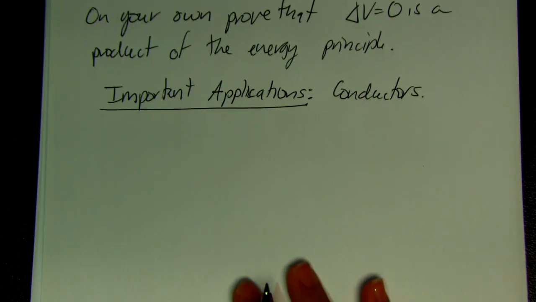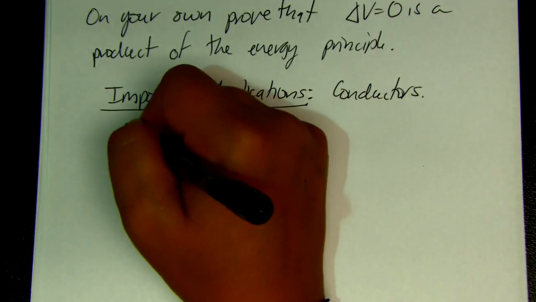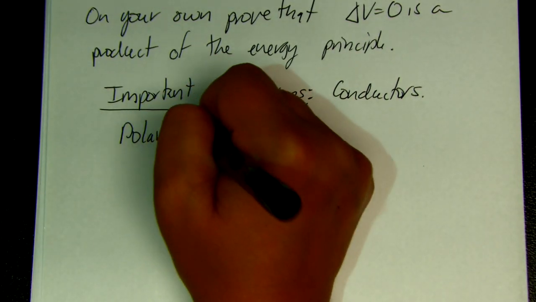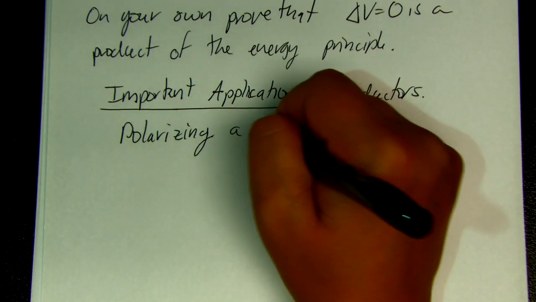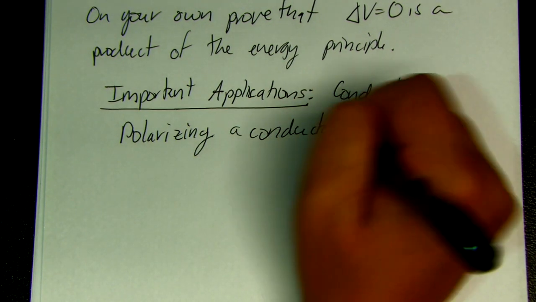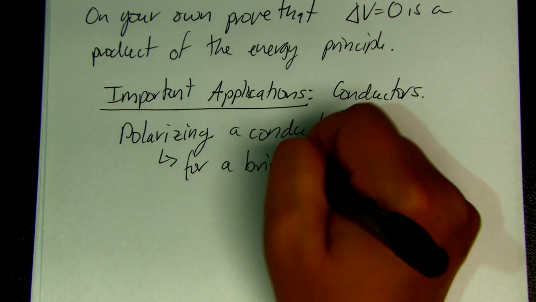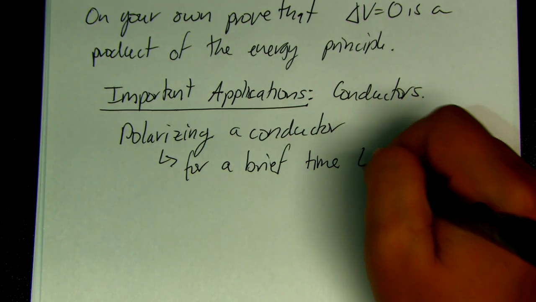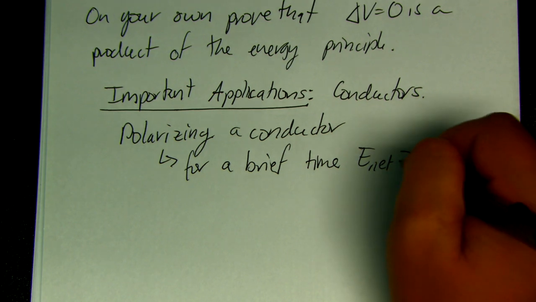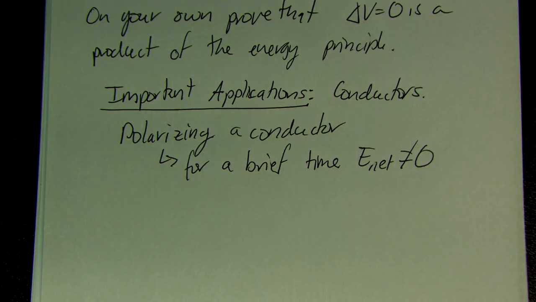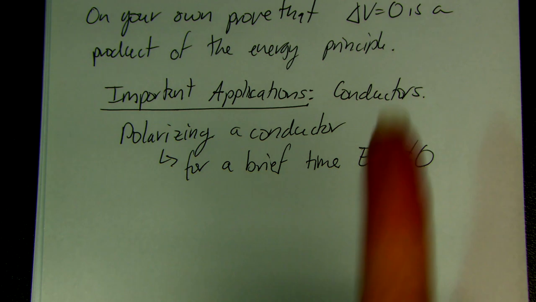All right, so when you're polarizing a conductor, for a brief time, E net is not 0 because those electrons do actually have to move.